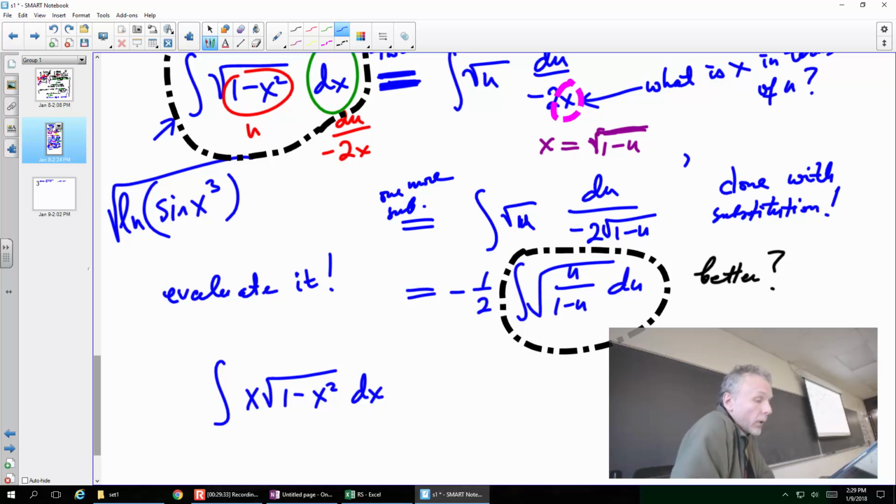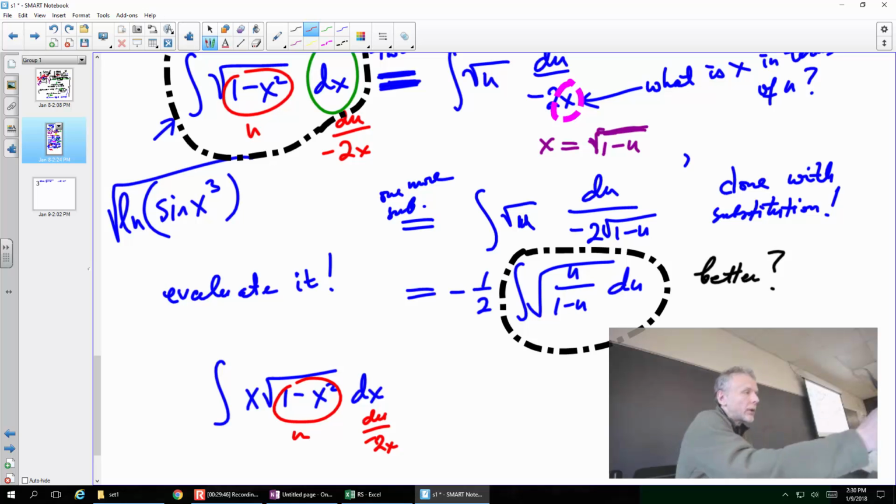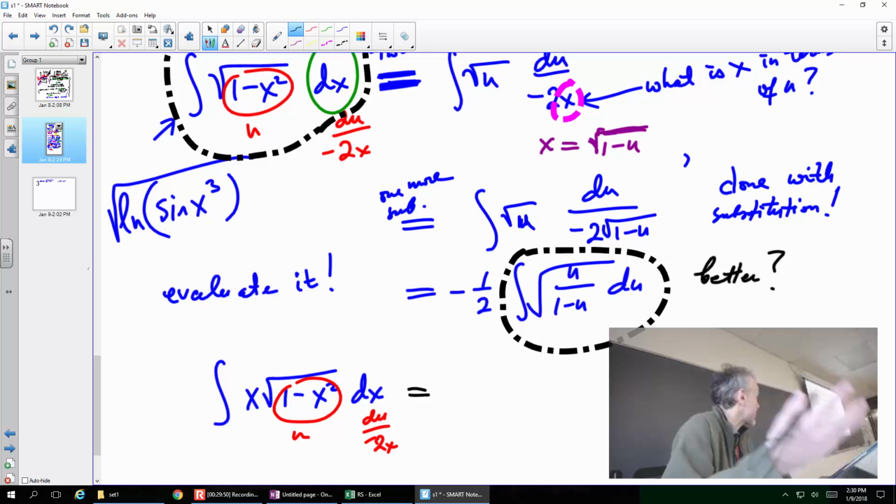Okay, so the substitution then is the same. Therefore dx is still the same value, du over negative 2x. Okay, and you can see how things work out. Why? Because the problem is designed in such a way so that things would work out. So you see what happens?